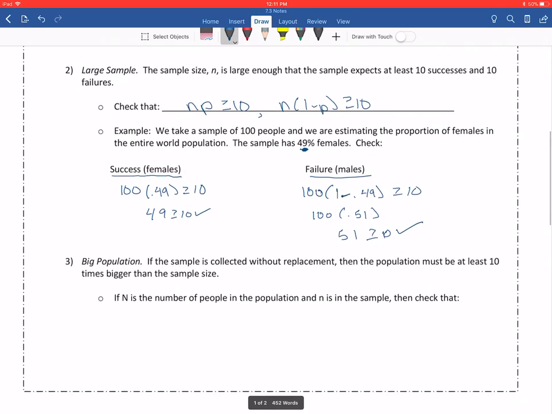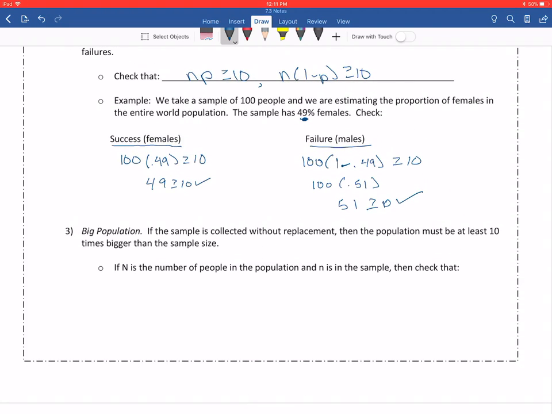And then the last check we have to do is, was the population itself big enough? If the sample's collected without replacement, then the population must be at least 10 times bigger than the sample size. So this is going to look like a check that we did last section in section 7.2.